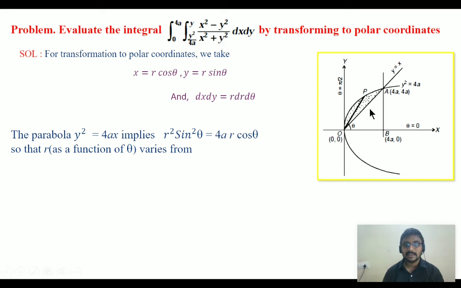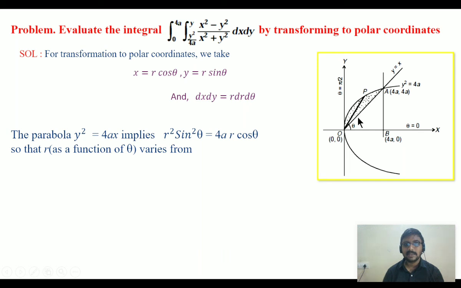Assume a radius vector OP. At the point O, r is 0; at the point P, r is the highest value, 4a cos theta by sin square theta.